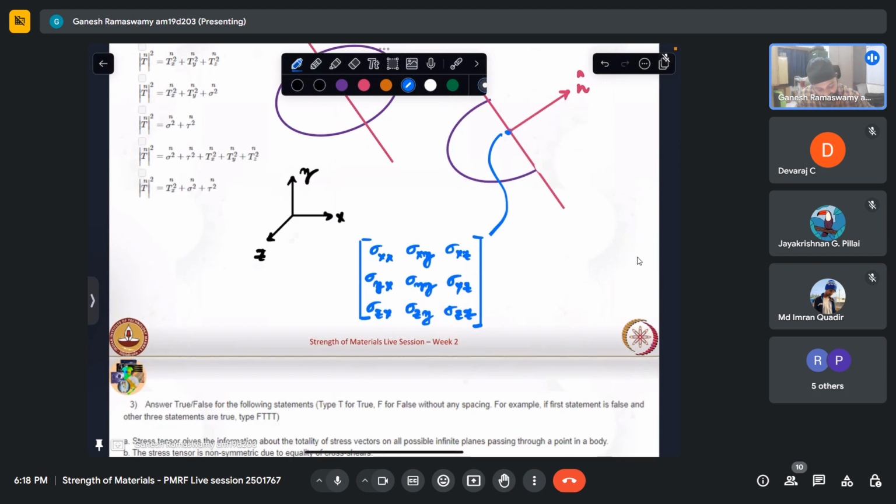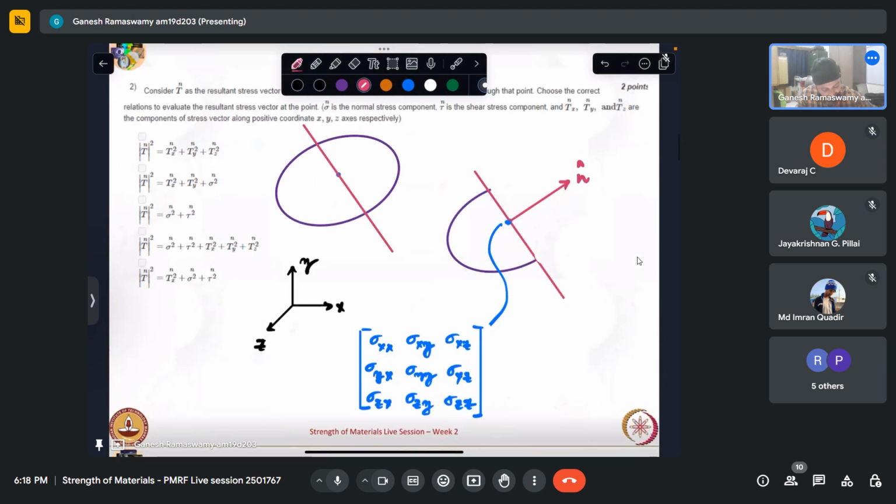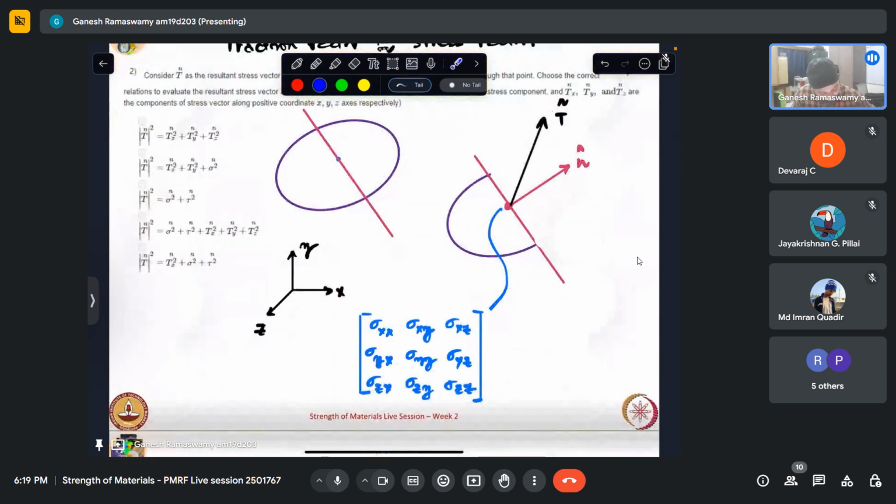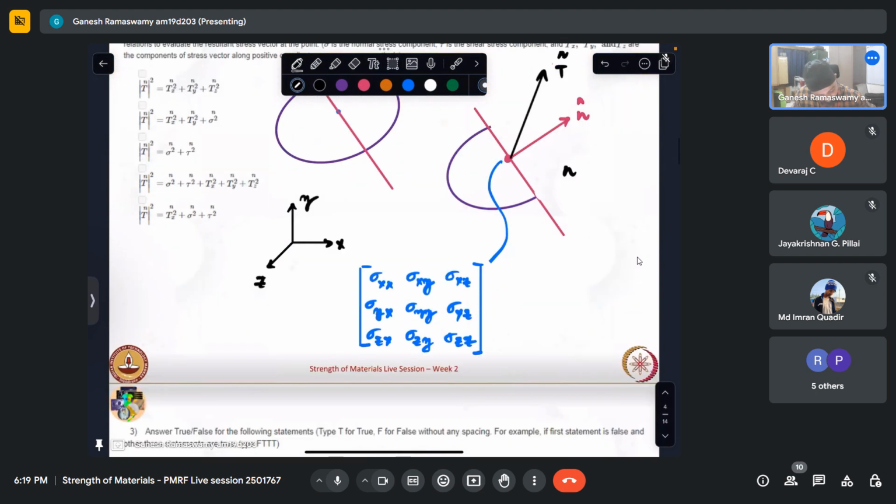Now if I want to get the traction vector at this point, this n is a vector which can be represented by three components, nx, ny, and nz.